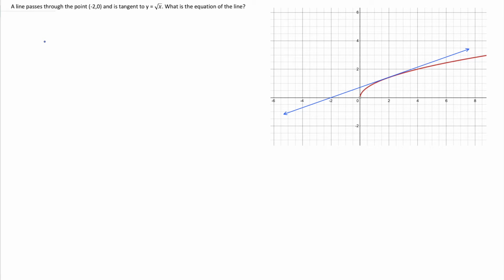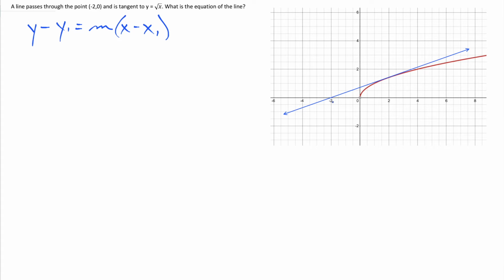Okay, so to start this problem off, the first thing we should probably do is write the point-slope form of the equation of a line, and that is given as y minus y1 is equal to m, where m is the slope, times x minus x1. Here, m is the slope, and x1 and y1 represent the coordinates of a point along this blue line.